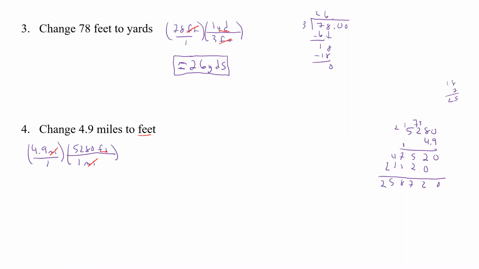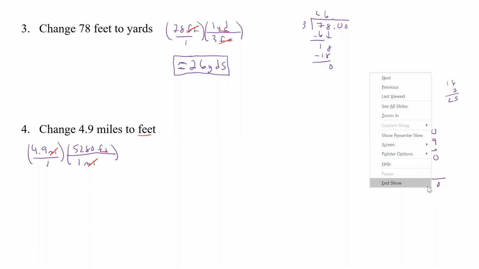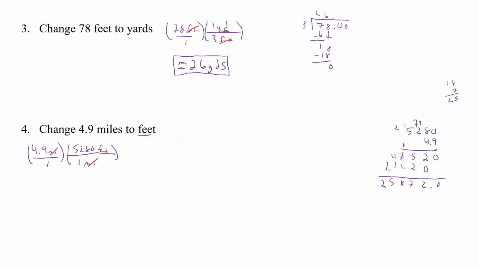All right. And so what does that tell us? Well, we also have to remember to put that decimal in there because we had that one decimal place for 4.9. So we put that decimal here. And let's see here. So that should give us then our final value.